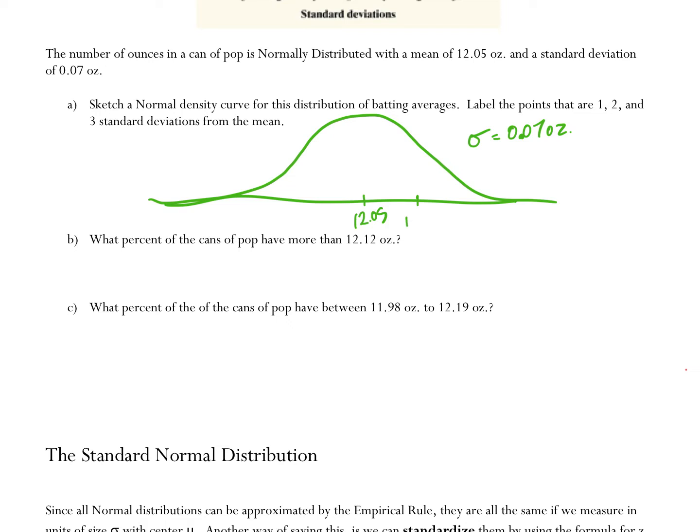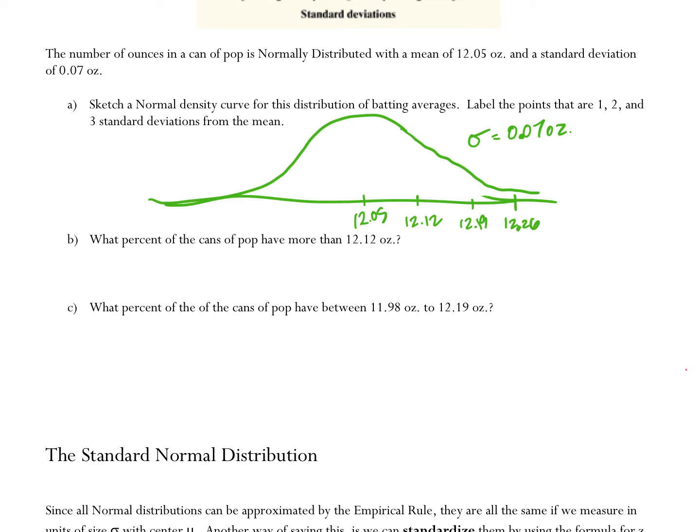One standard deviation would be 12.12, yeah? Two standard deviations would be 12.19. Three standard deviations would be 12.26. So yeah, 12.25 ounces is more than two standard deviations above the mean. It's almost three standard deviations above the mean. That's pretty unlikely.